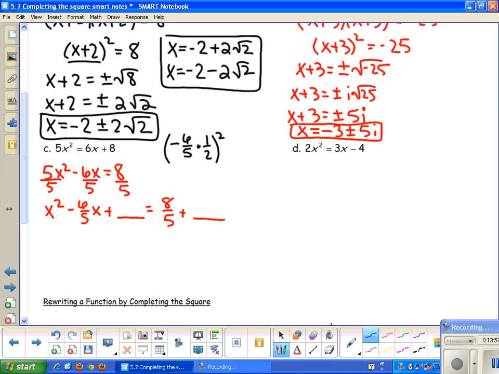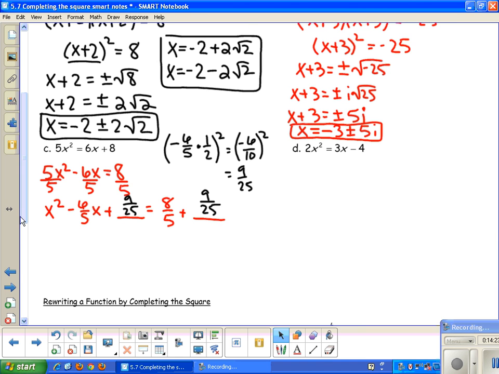So it's a little bit easier if you do it that way. So this number right here is going to be negative 6 over 10 squared, and of course that just ends up being negative 3/5 squared, so this ends up being equal to 9 over 25 when you simplify that. So 9 over 25 on both sides.